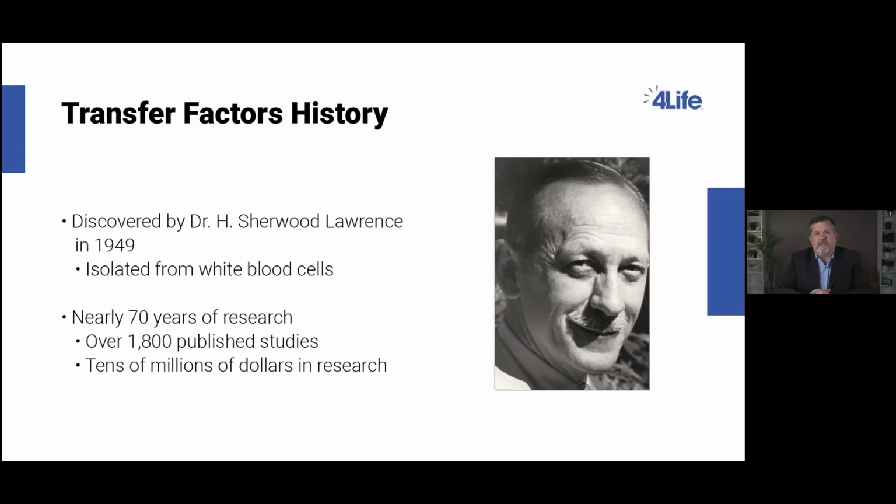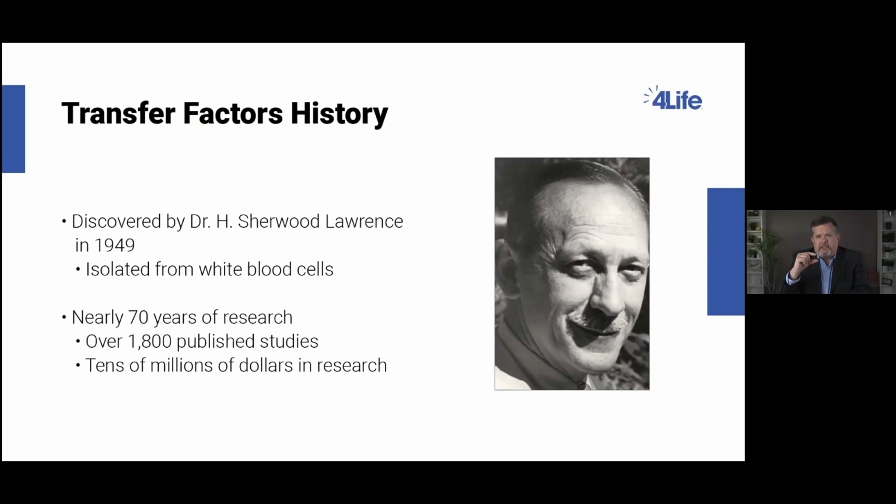Well, he did a number of other researches past that, trying to better understand. And then in 1949, he took those same white blood cells and he broke them open and took the contents of those cells and then ran them through some really crude membranes, basically the ones they were using at the time for dialysis, thereby concentrating some proteins from within all the contents of those immune cells.